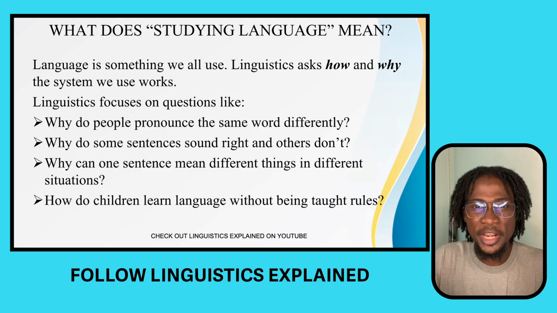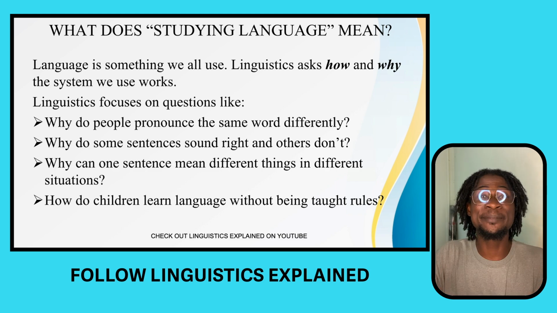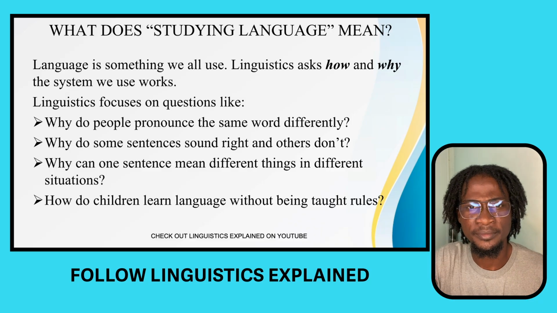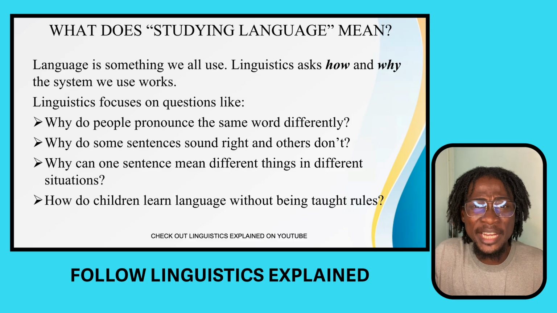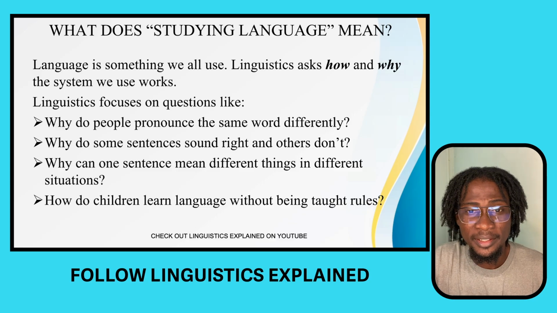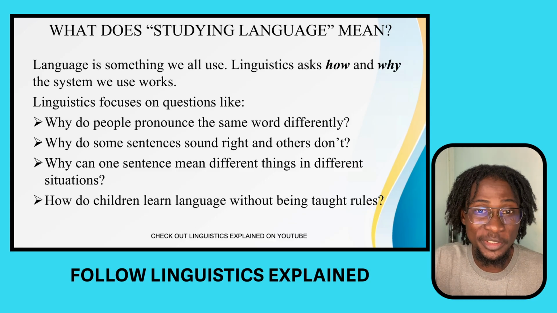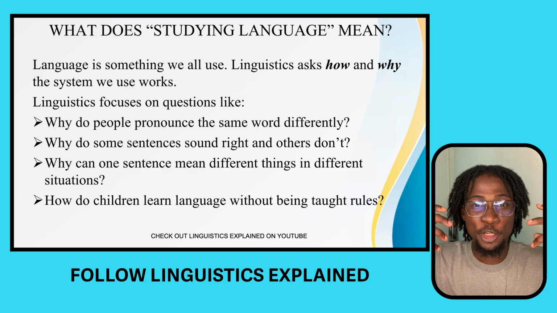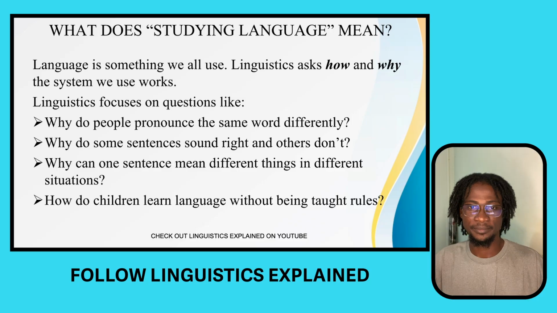Because "the boy is grown" and "the grown is boy" have the same set of words. So why is it that we cannot say "the grown is boy", but instead we say "the boy is grown"? These structures are things that linguistics looks at exploring.